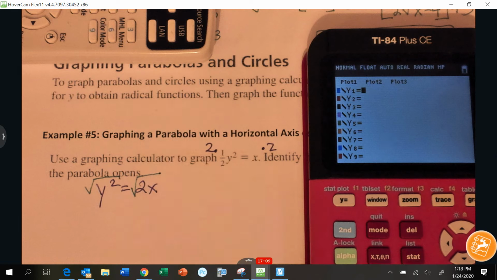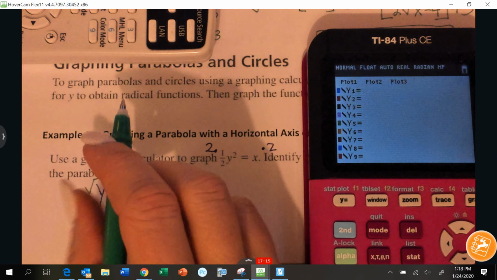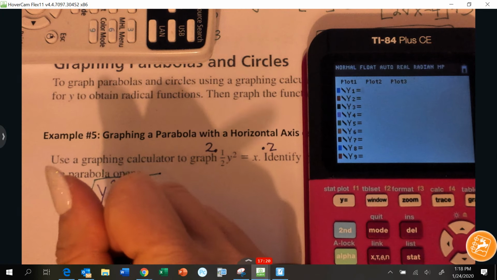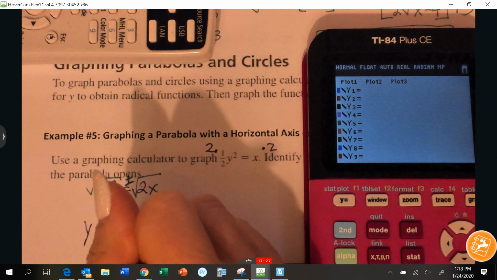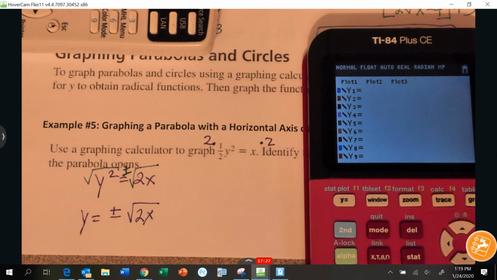Chris? Can you guys hear what Chris is saying? Yeah. We get y equals plus or minus, and I can't take the square root of x. They're not perfect squares.